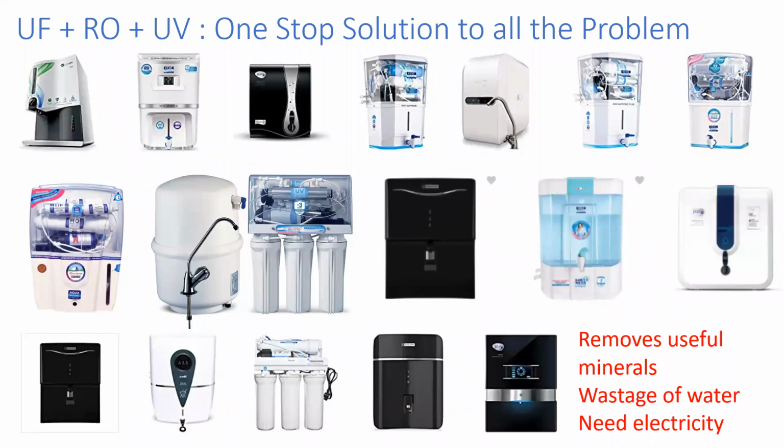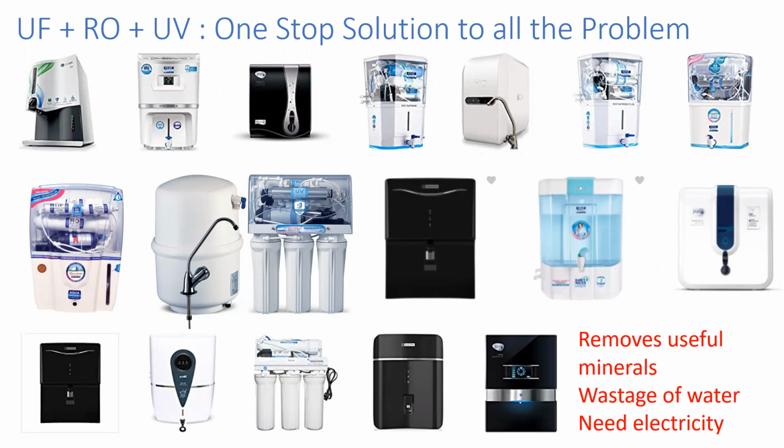If you go to the market, you will see a lot of such devices. They will have written on top things like UF, RO, UV, and they claim that this gives you the best water. We have understood what actually happens when we say UF.